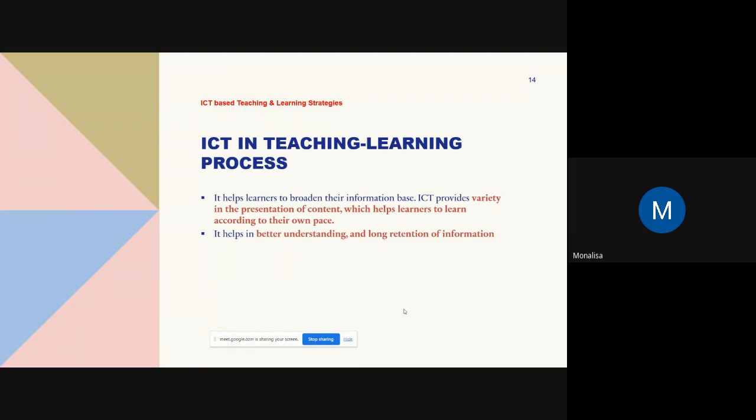If we use just the lecture method, that is not suitable for achieving various objectives of classroom instruction.